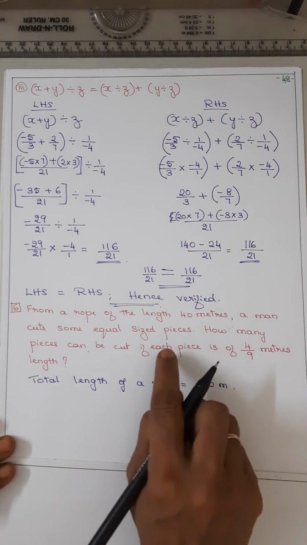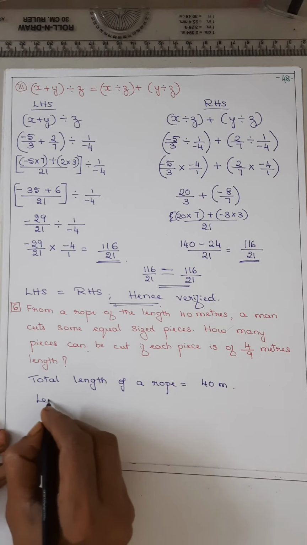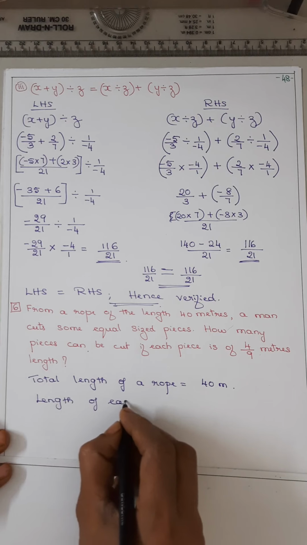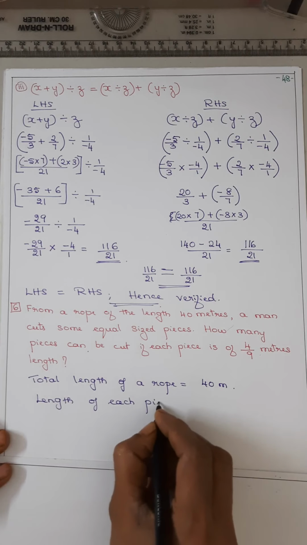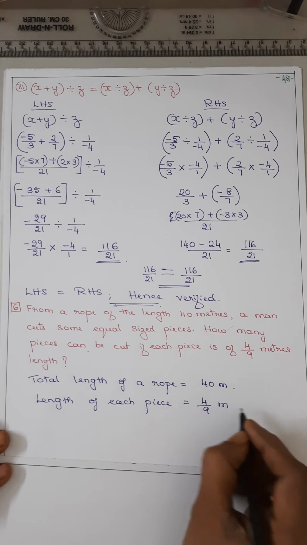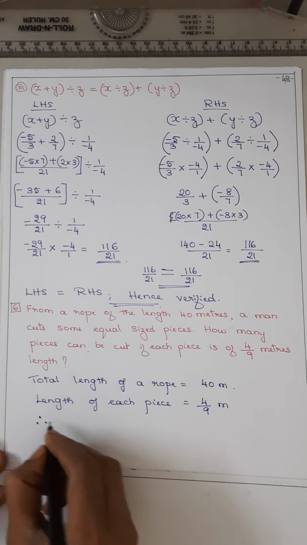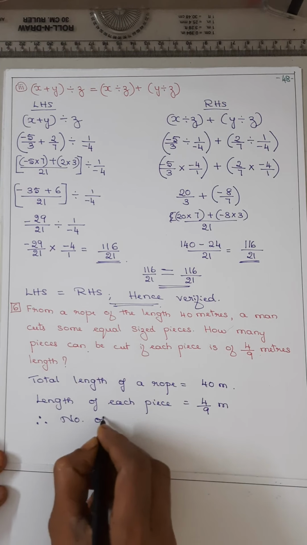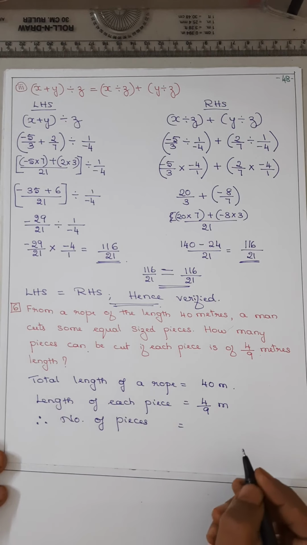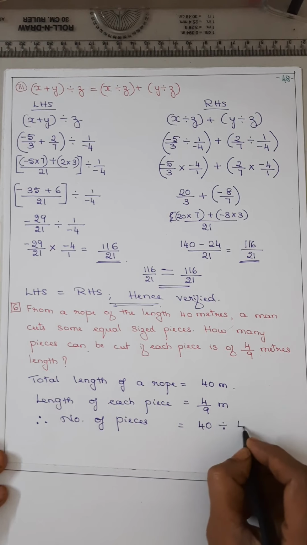Now they are telling each piece is 4 by 9 meter, means length of each piece, one piece, is 4 by 9 meter. They have asked how many pieces, so therefore number of pieces. For that what we are going to do, always the total divided by length of each.